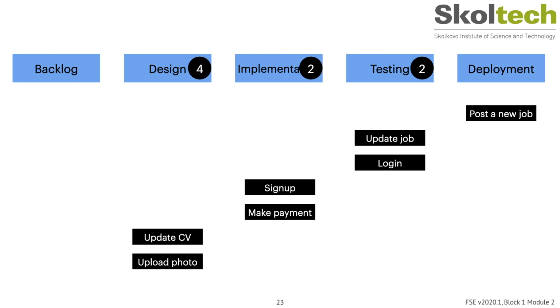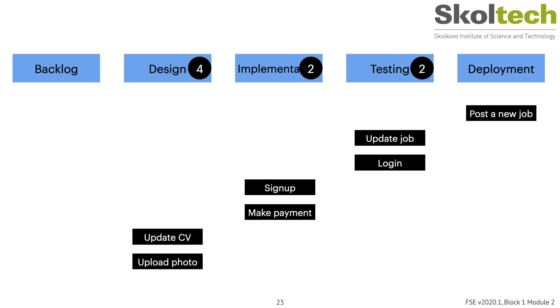So let's say the board looks like this at the end of the 10th day. And a developer has just got done with make payment and they want to pick another item from the design. So can they move update? Can they move the sign up? Can they move update CV into the implementation column?